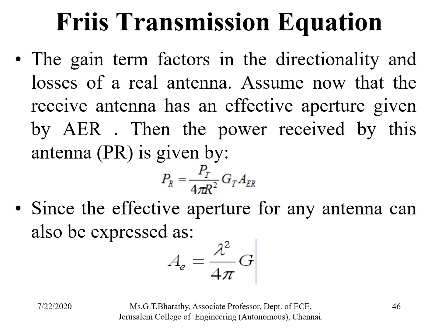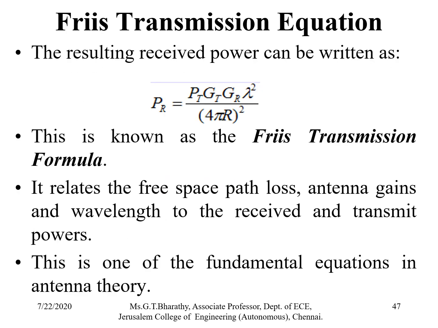And we already know that the effective aperture of any antenna is expressed as Ae equal to lambda square by 4 pi into G. So substituting this expression of Ae in the above expression, we get the resulting received power as Pr equal to Pt Gt Gr lambda squared by 4 pi r square. This expression is known as the Friis transmission formula.